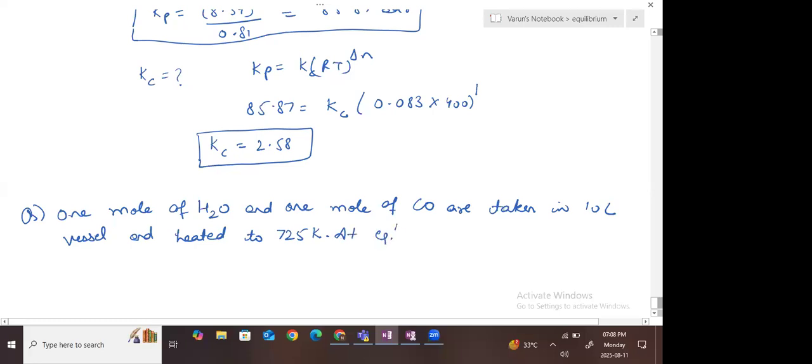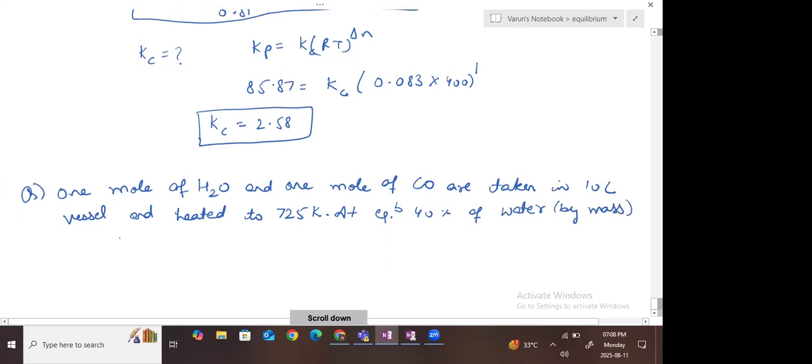At equilibrium, 40% of water by mass reacts with carbon monoxide.